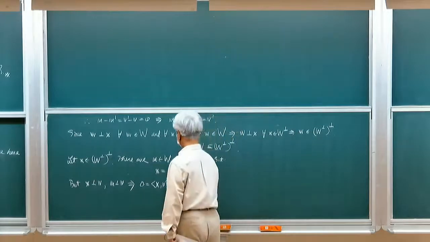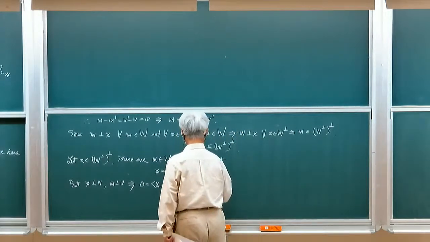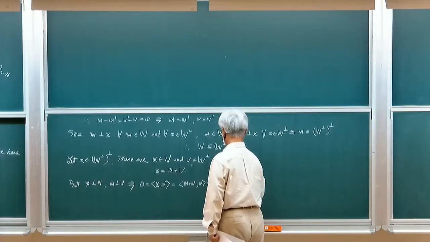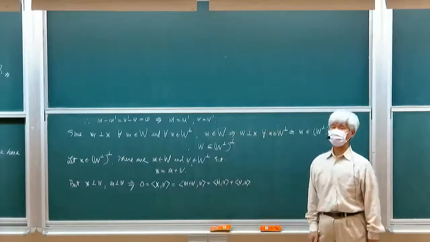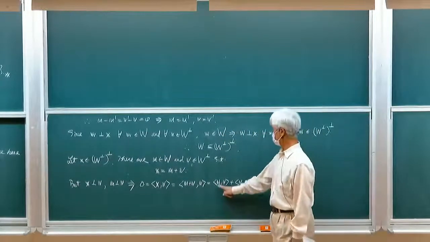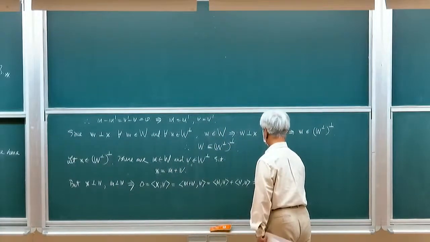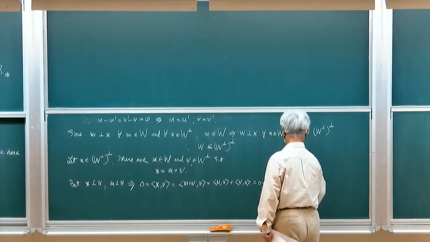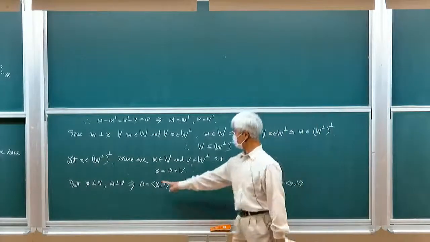Okay, now x is equal to U plus V. So by linearity, we have this sum. Again, U and V are orthogonal, so this is 0, right?